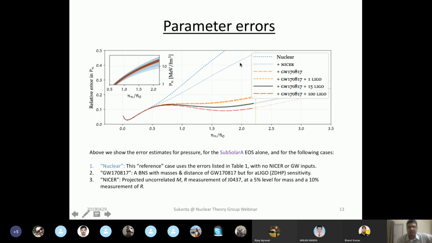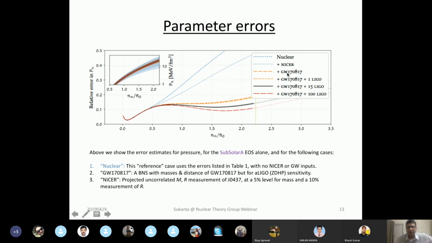On the other hand, if you had just one NICER event, as the mass-radius measurement from this pulsar system with 5% precision in mass measurement and 10% in radius, then the pressure measurement actually improves relative to the nuclear default parameters, to close to 30%.